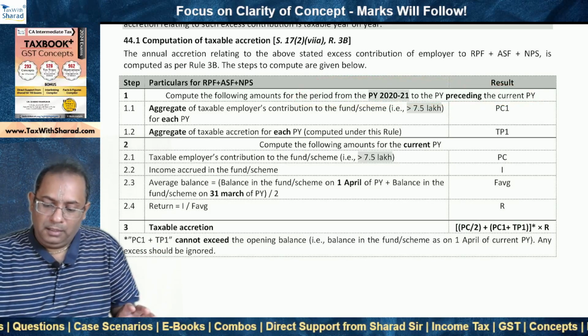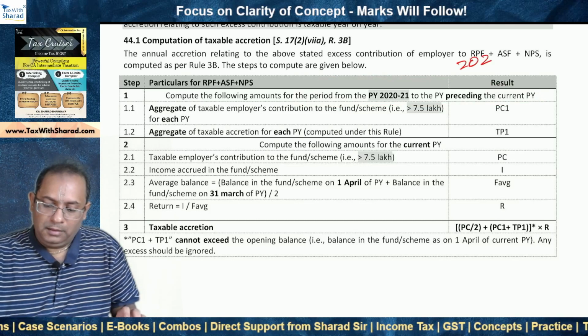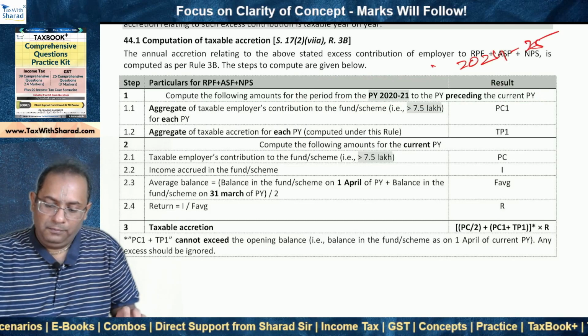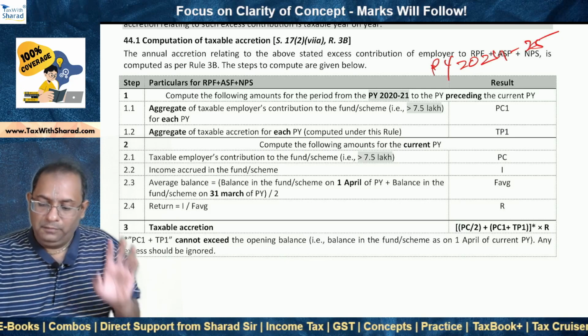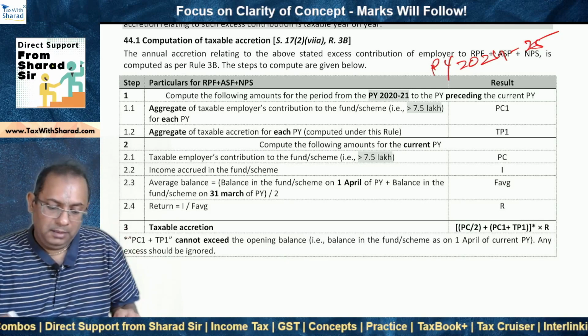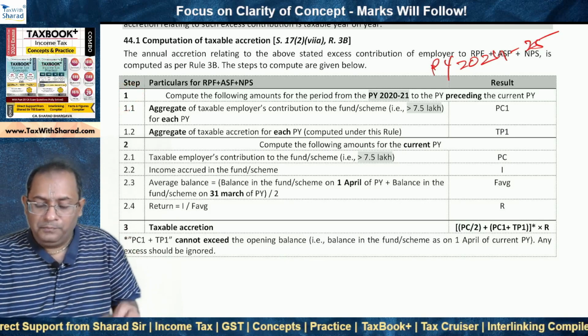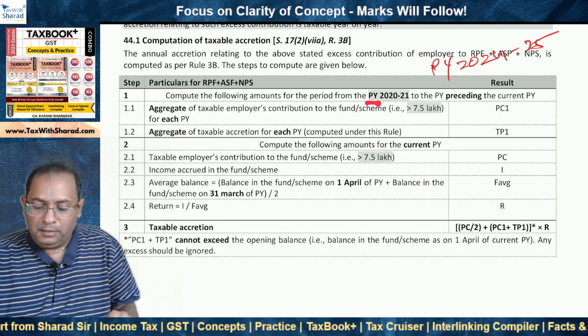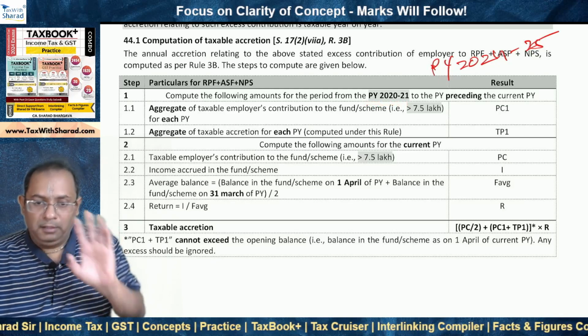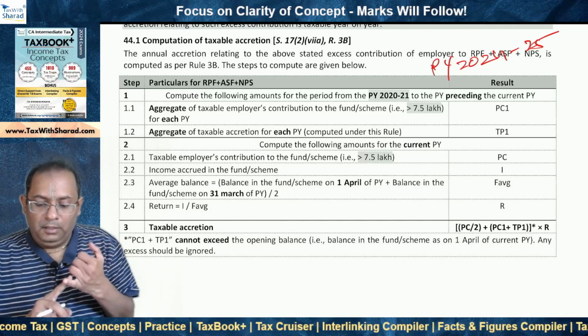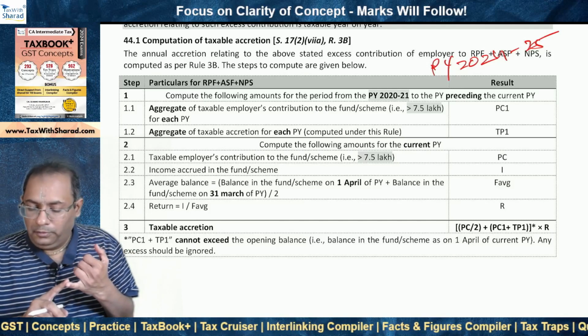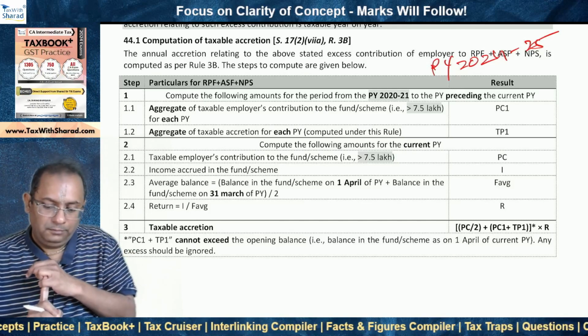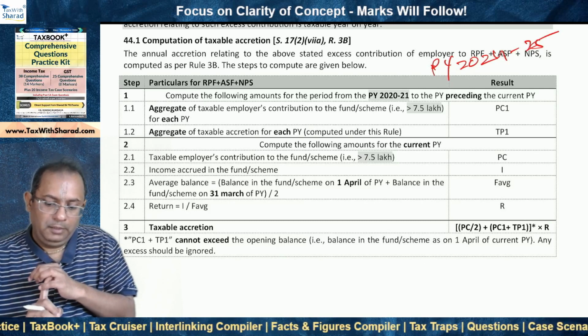Okay, so say if the current previous year is, say, 24-25. For example, if this is the current previous year, so in step 1 we will take into account the period from previous year 2021 to previous year 23-24: 21-22, 22-23 and 23-24, 4 previous years.